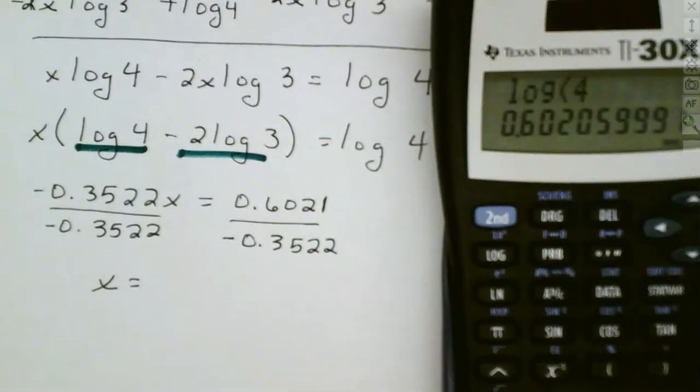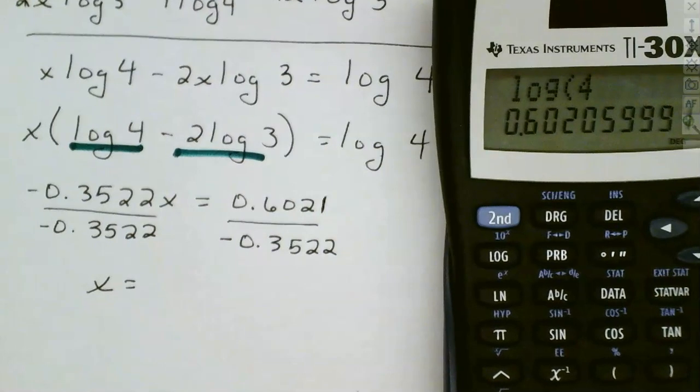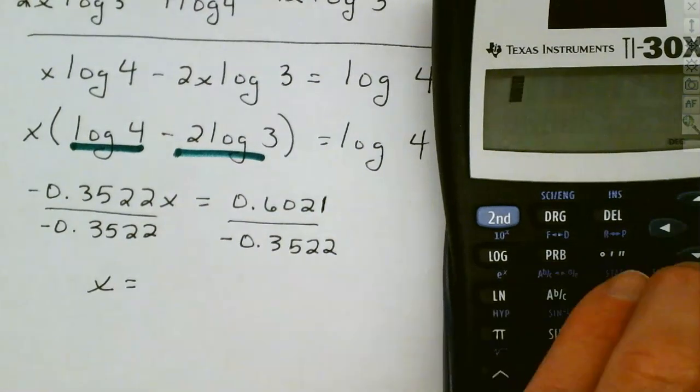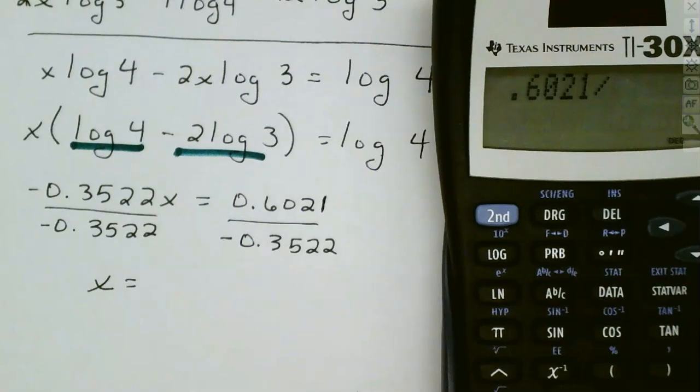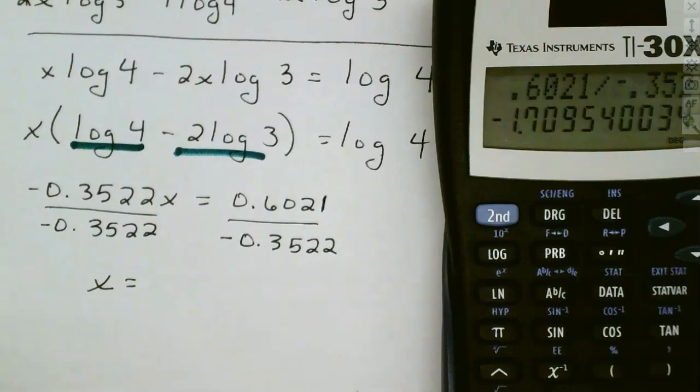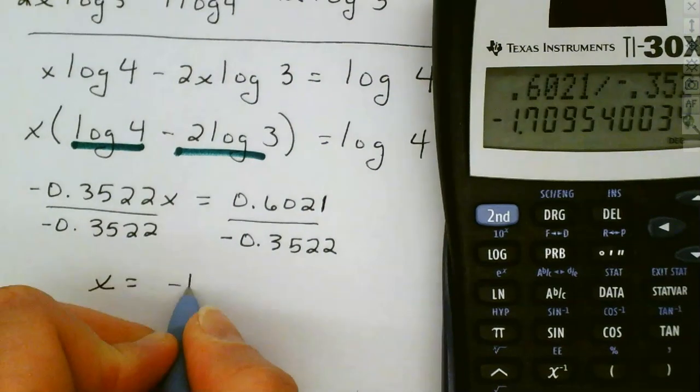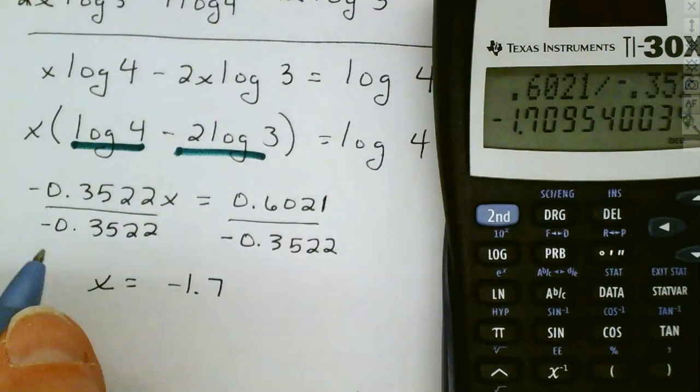So tenths is 1, hundredths is 2, thousandths is 3. So we're going to divide those out. 0.6021 divided by minus 0.3522. And that's going to give me, if I round, minus 1.7.